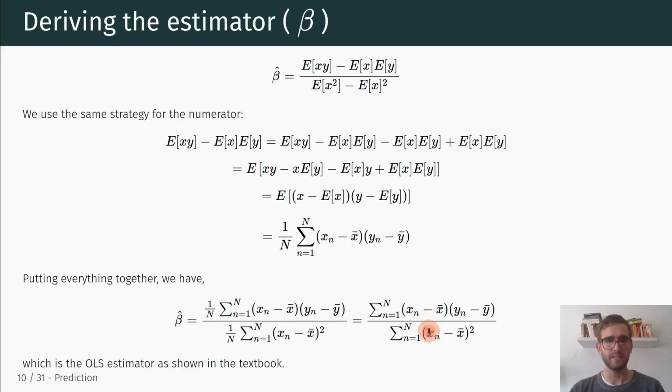Okay, and the thing to note is that this exact expression is the OLS estimator the way it was shown in the textbook, right? So now we went step by step from our beginning, which is starting with the residual sum of squares, and we know we want to find the minimum of those residual sum of squares as a function of alpha and beta, to get values for alpha and beta that minimize that residual sum of squares function, where every other part, the x's and the y's, are observed.